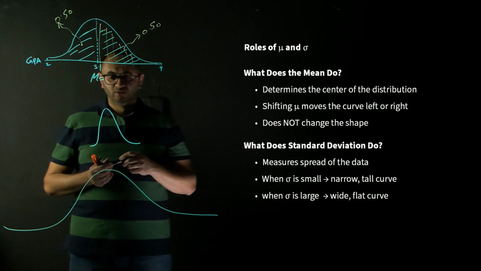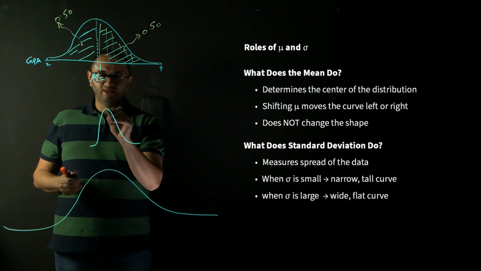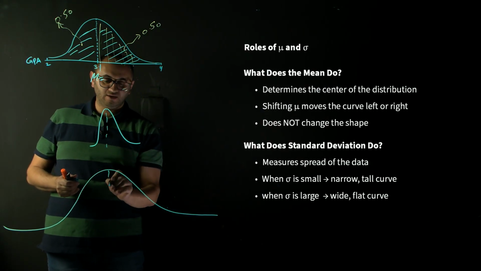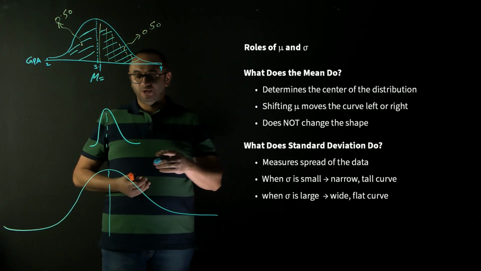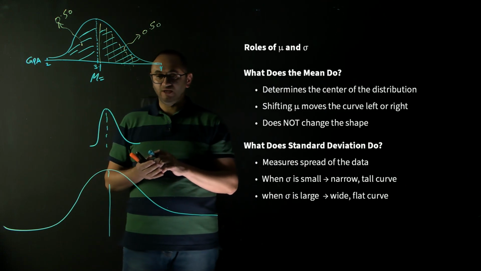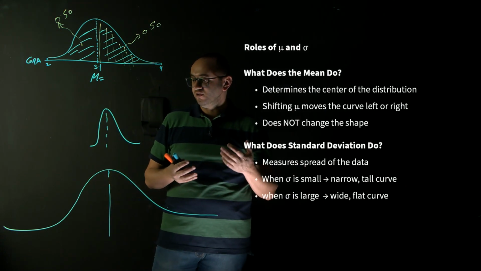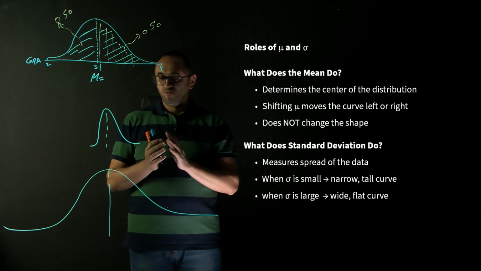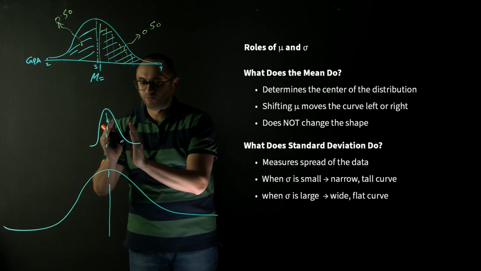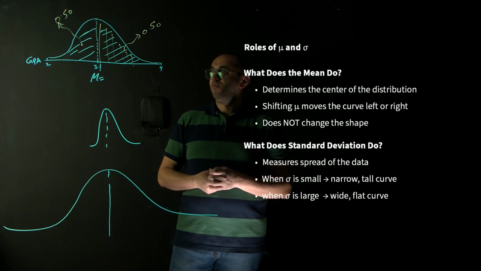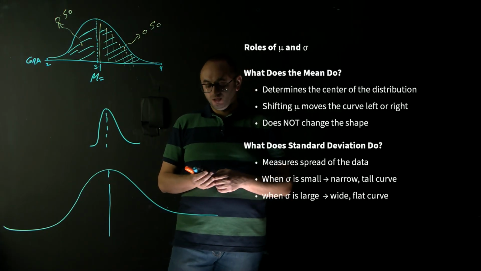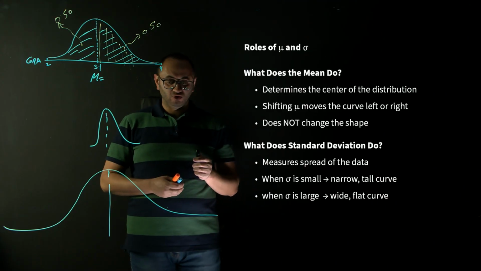Let's say they have the same mean, so the center is the same value of mu, but sigma describes the spread or the deviation. Sigma is small, we have less spread. Sigma is large, we have more spread. So those are the two parameters of the normal distribution.